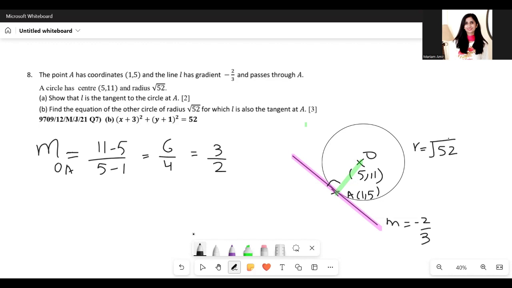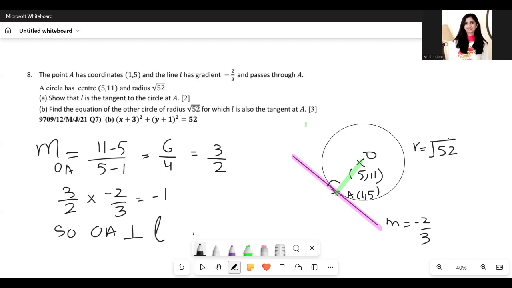And now we already have the gradient of the other line, -2/3. So you show that 3 by 2 times -2/3 equals -1. So OA is perpendicular to line L.